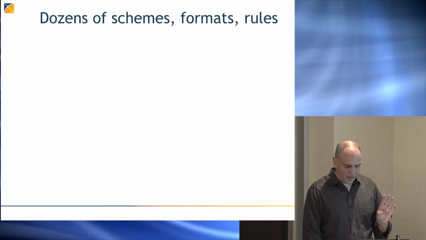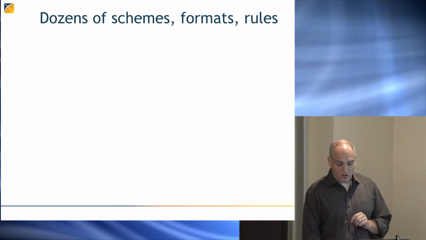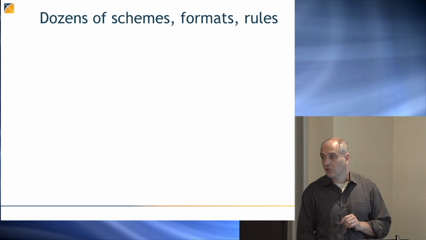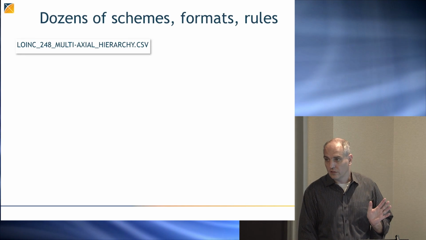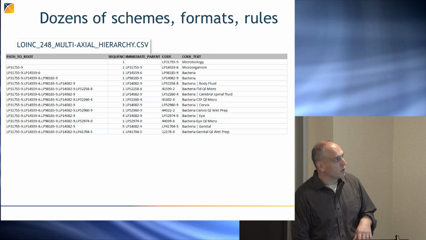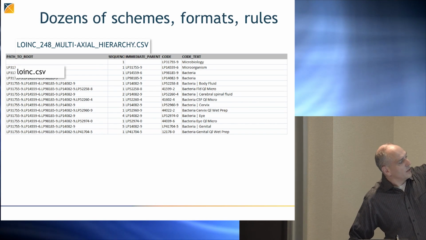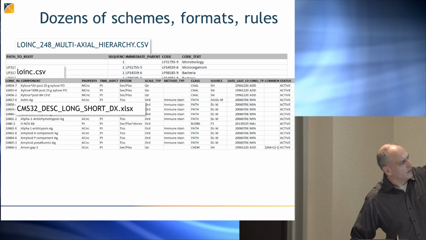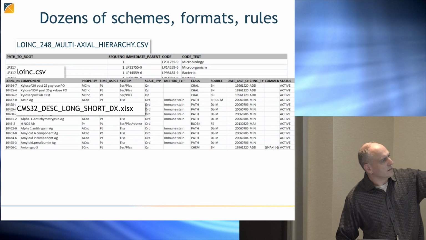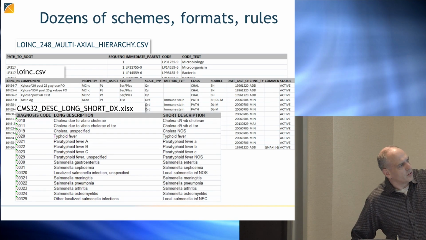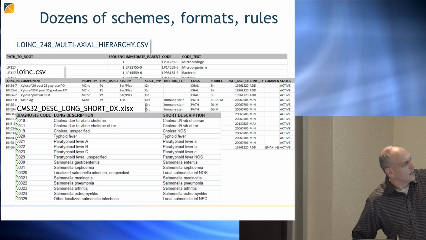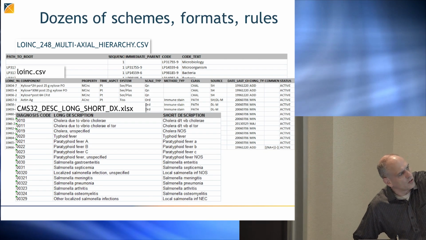And the reason is that the raw data, if you try to do it yourself, all look different. They even sometimes look different from the same organization. So this is LOINC and this is LOINC hierarchies. This is LOINC itself. They don't even call their own codes the same thing. Here it's called LOINC number, and there it's called code.